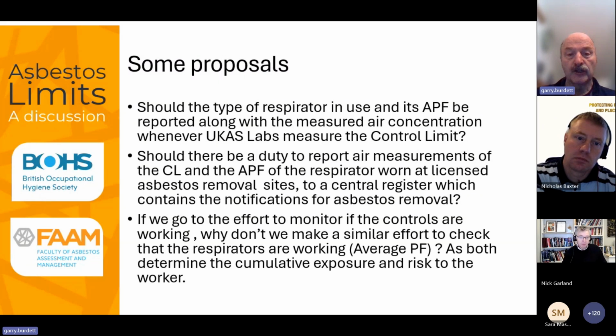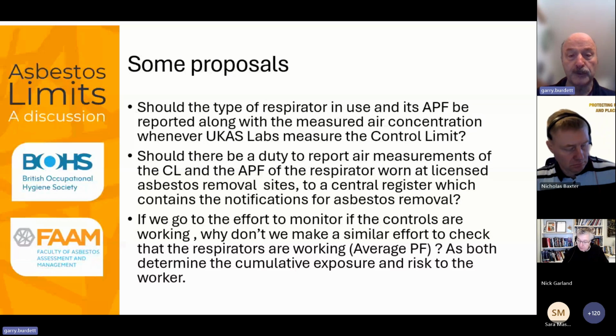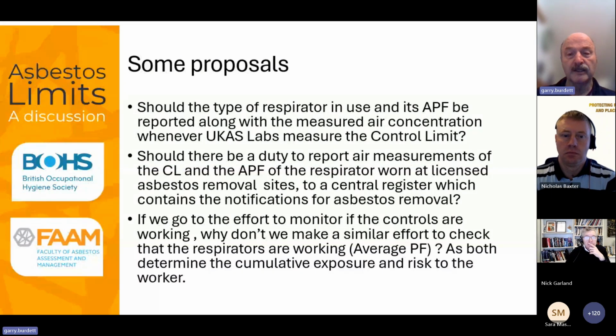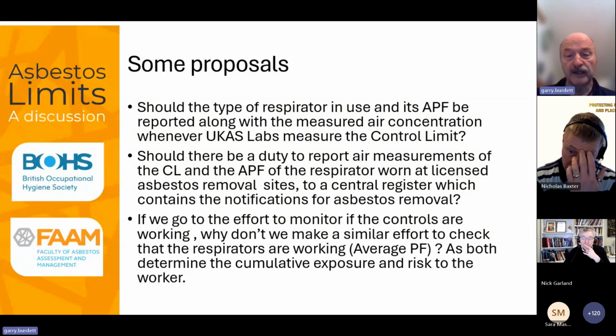Here are some proposals. Should the type of respirator in use and its APF be reported along with measured personal air concentrations whenever UKAS labs measure the control limit? Should there be a duty to report air measurements of the control limit and the APF of the respirator worn at licensed asbestos removal sites to a central register which contains the notifications for asbestos removal?